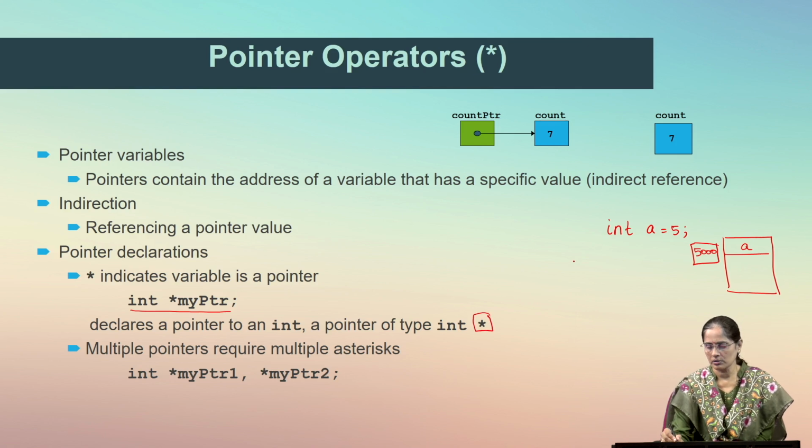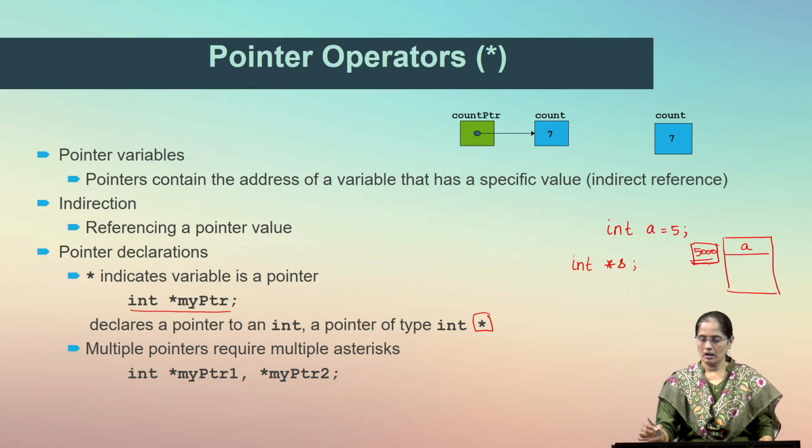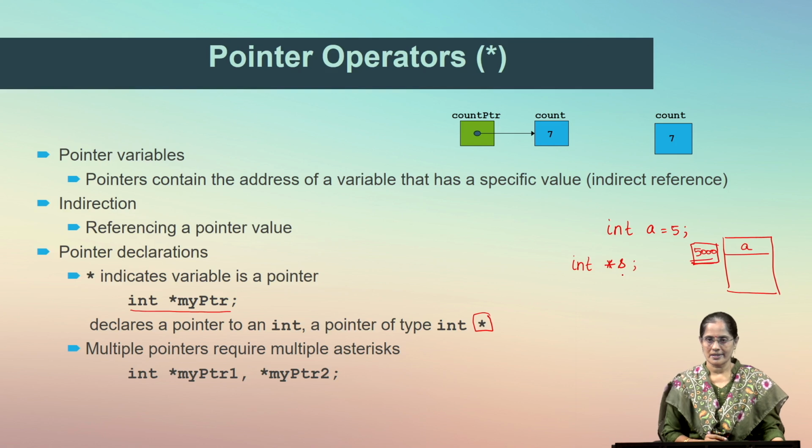So, what I need to do? I need to declare a pointer type variable. So, using asterisk s, I declare a pointer type variable. I want to assign the address of the variable a to the pointer s. So, what I do? s equal to ampersand a.